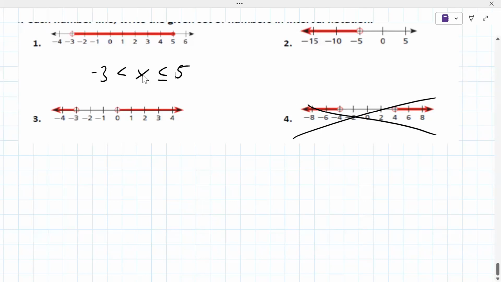But that's kind of awkward. The next one is x less than -5. Is that what you have? Yes. Okay. And then the last one here, something like that. Yes. Okay.